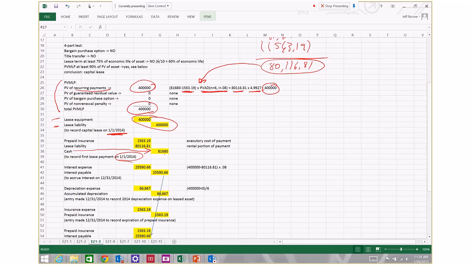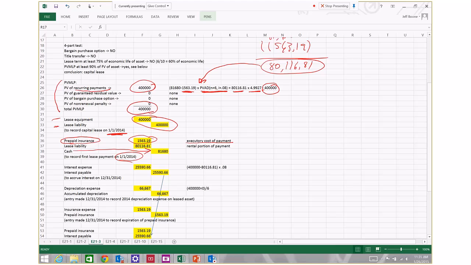Now, a portion of that $81,680, specifically $1,563.19, the executory cost of the payment, is, according to the facts of the problem, a prepayment of insurance on the leased asset. So the lessee is going to set that $1,563.19 up in their accounting records as prepaid insurance, and then amortize that to insurance expense over the 12-month period.